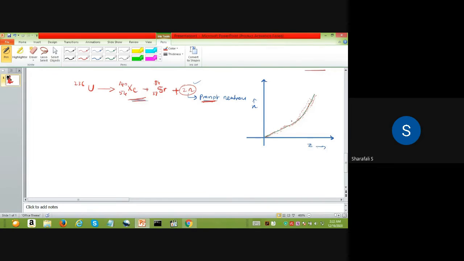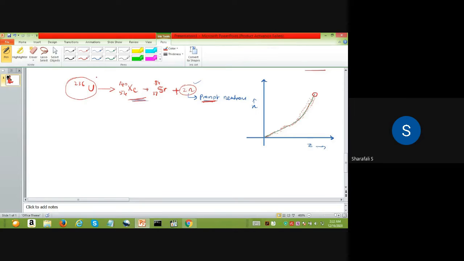When you consider this particular curve and a nucleus that has more neutrons at this stage, let's take around here. I'm talking about uranium-236, or 235.